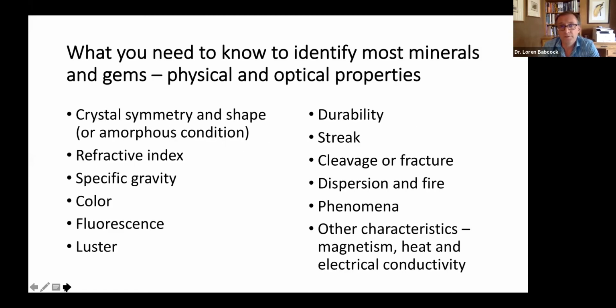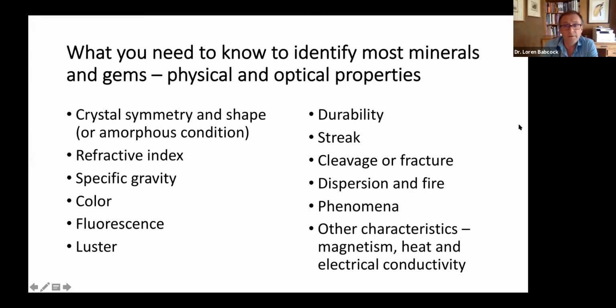So what are the things you need to know in order to identify minerals, including gemstones? Basically, you need to know a variety of physical and optical properties. You need to be able to test for at least a number of these things.